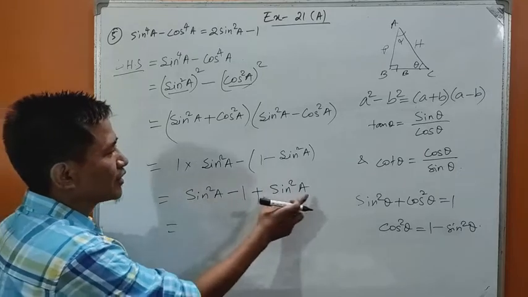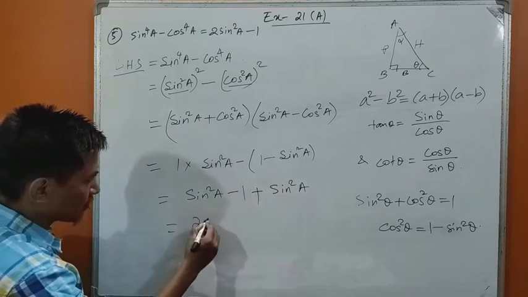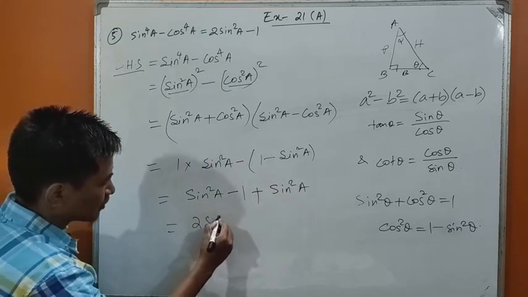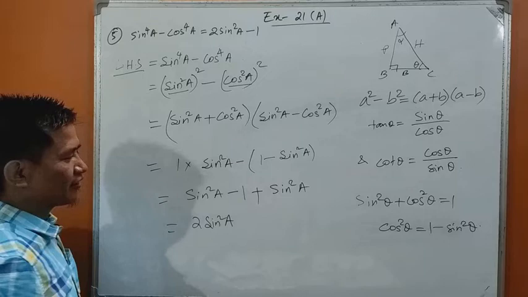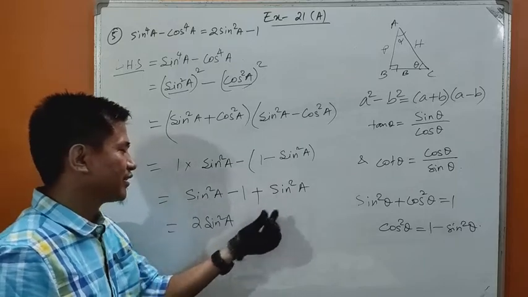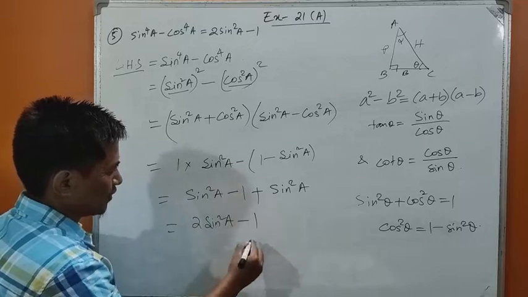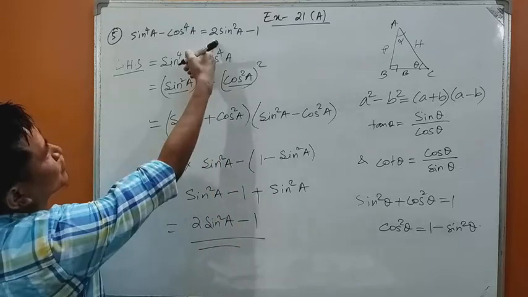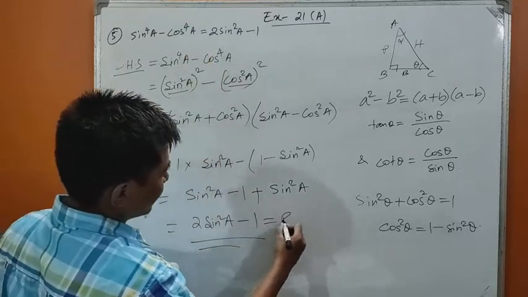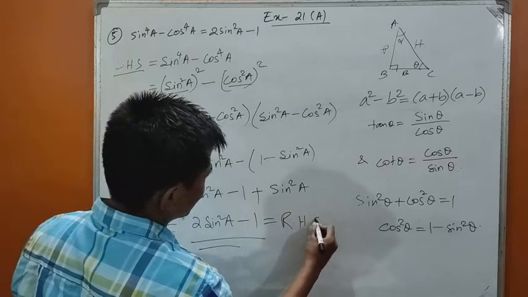So plus sin square a and plus sin square a is 2 sin square a. Are you getting me? 1x plus another x becomes 2x, isn't it? So this is minus 1. So I think this is the right option on the right hand side, RHS, hence proved.